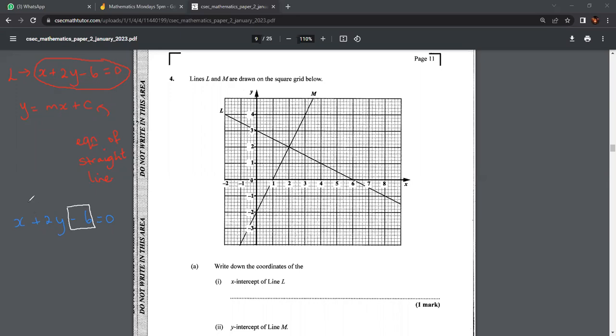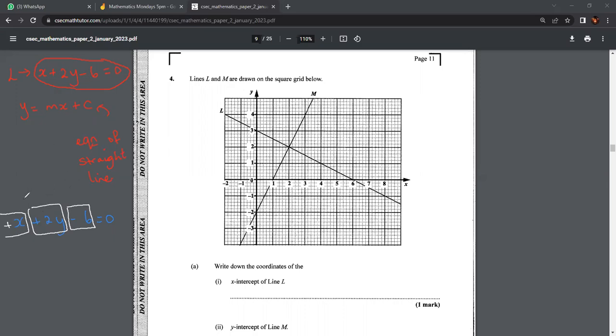This positive sign belongs to the 2y, so I could box it with its sign. And you might be wondering, Miss, there's no sign in front of the x. If there's no sign, we understand in mathematics that it's carrying a plus sign. They don't have to tell us that. Once there's no sign, it's recognized as a positive sign.